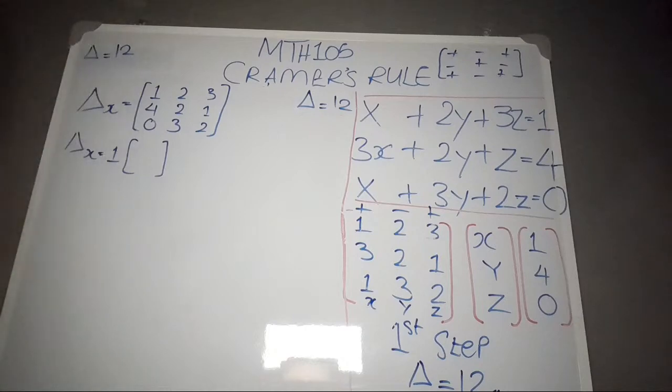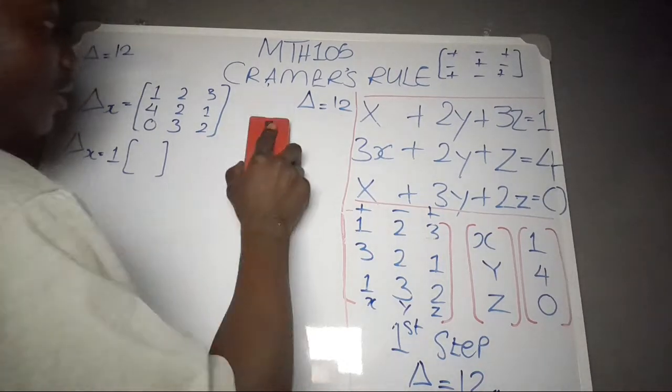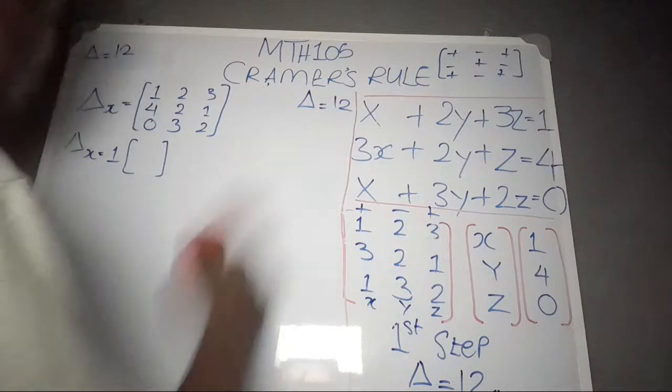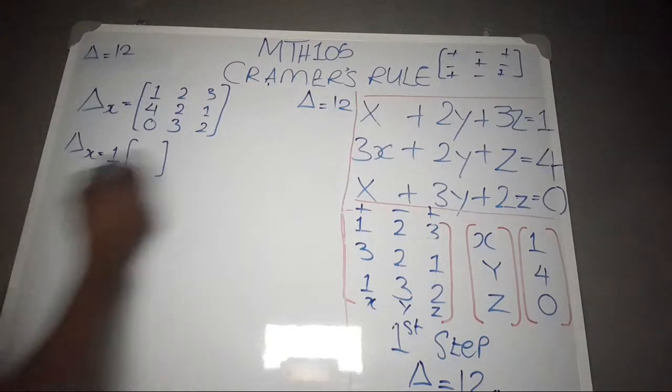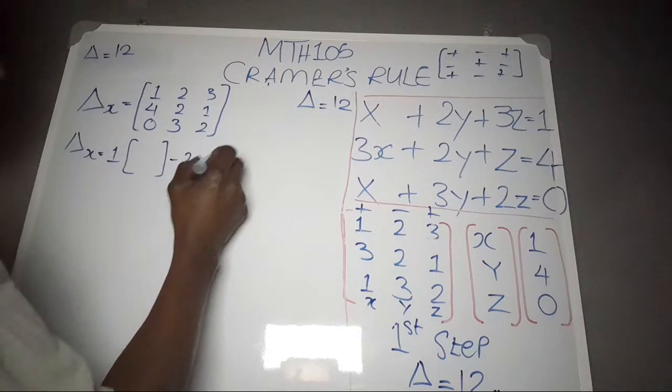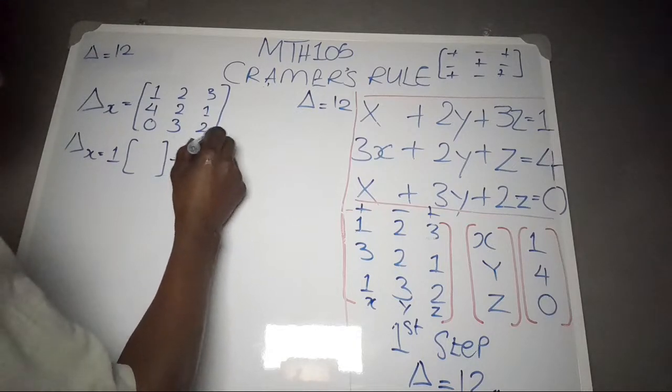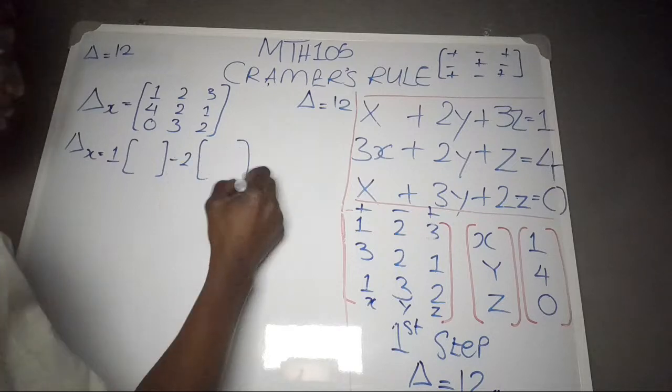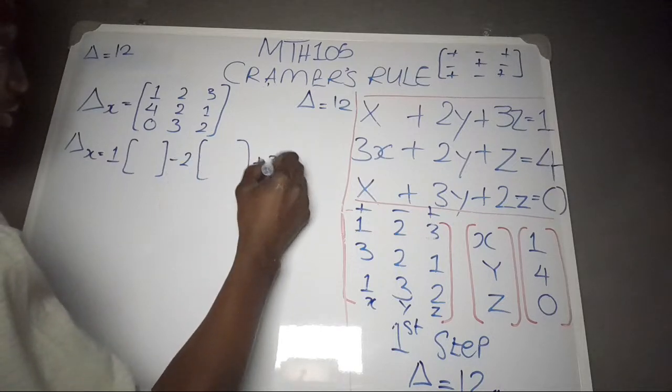So we have x, now we have minus 2, and we have plus 3.